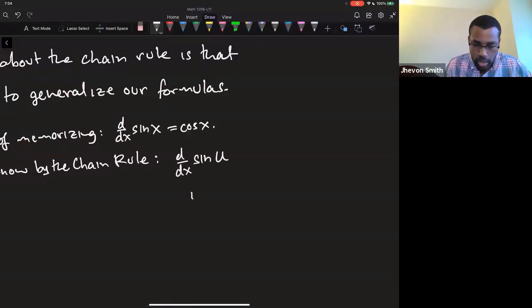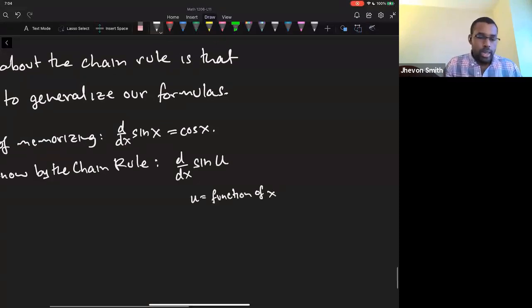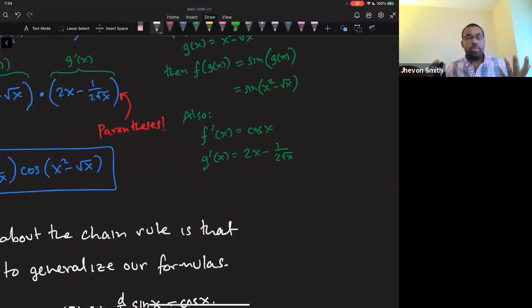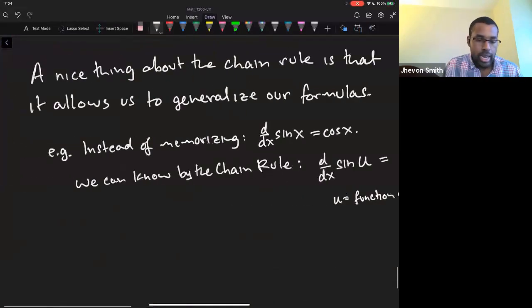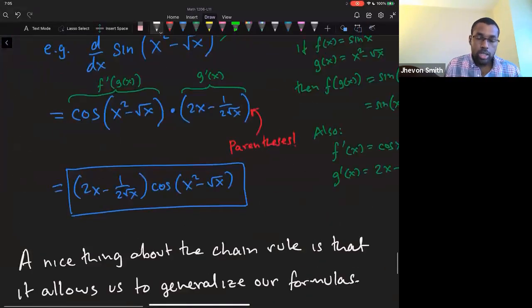So u is just a function of x. So u represents anything. In this case, it could represent the g of x. It could represent like the x squared minus radical x. And we now know that we can write this as, notice what this looks like.